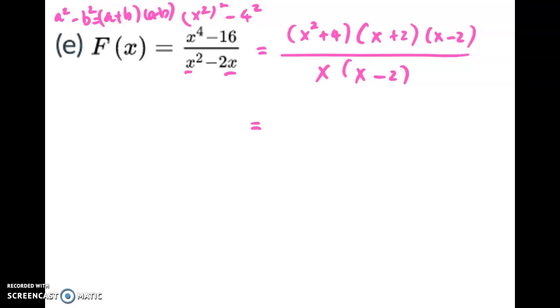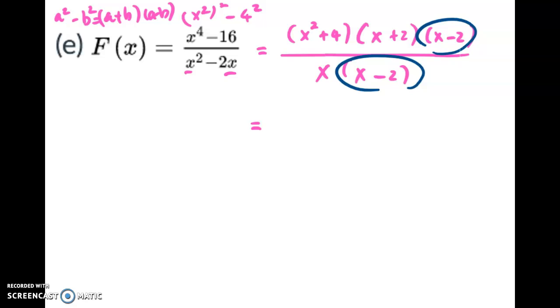Okay, so over here for this function, it looks like we have x minus 2 in common, so we will exclude x equals 2 in the domain, but that is not a vertical asymptote, right?